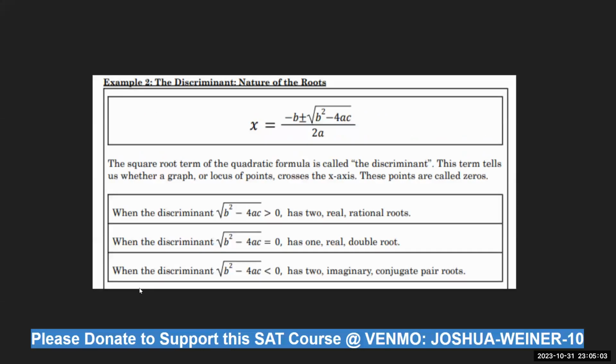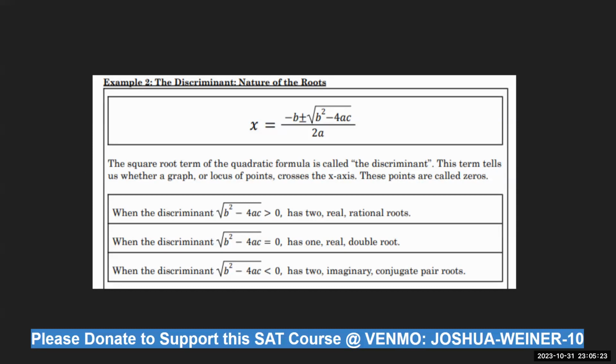So let's look a little bit deeper into the quadratic formula. x equals negative b plus or minus the square root of b squared minus 4ac over 2a. Here we're going to focus on one piece of the formula, the part called the discriminant under the square root.